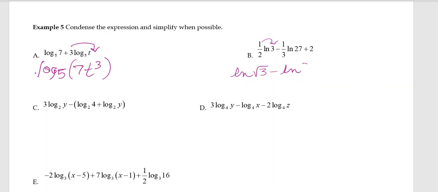Cube root of 27 is just 3, so I'm going to go ahead and simplify that now. And then I've got the plus 2. All right, so I know that this first part is going to be a quotient, so I'm going to have the natural log of square root of 3 over 3 plus 2.